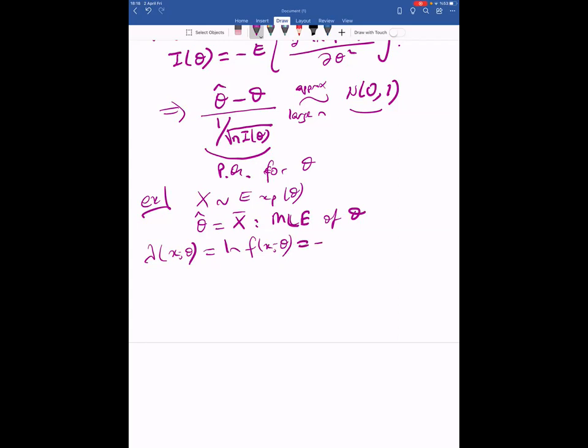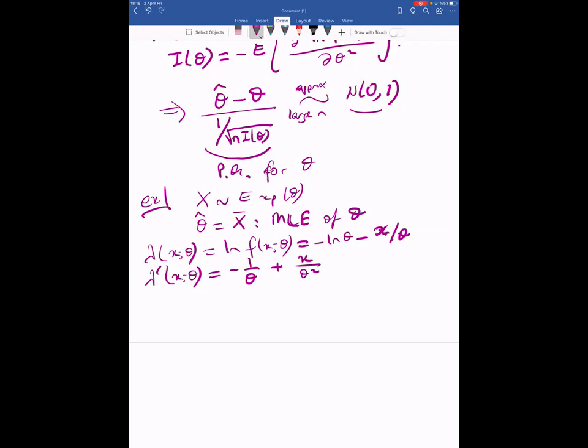So we have minus ln theta minus x over theta. So this will be the log of the PDF. Then take the derivative of this with respect to theta. So we will have minus 1 over theta plus x over theta squared.